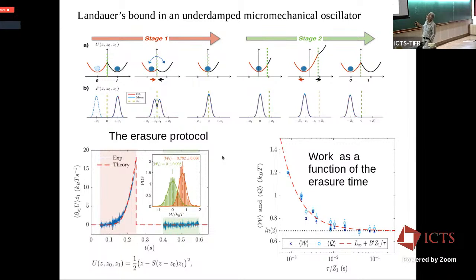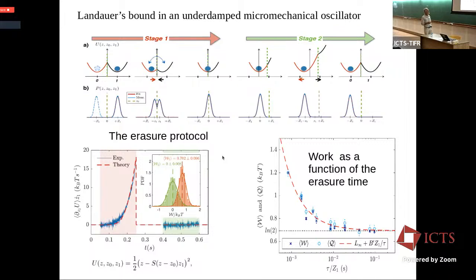You make the second well appear there, and now the particle stays, for example, in 0. And this protocol cannot fail, supposing the barrier is sufficiently high.